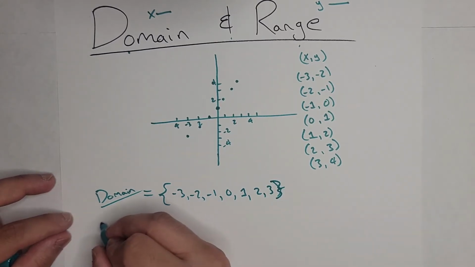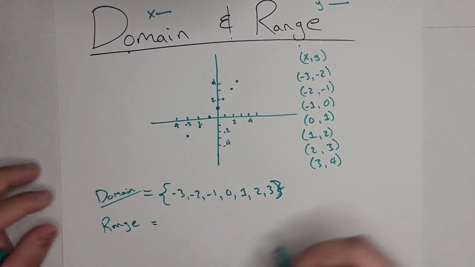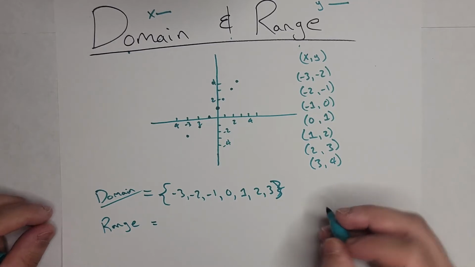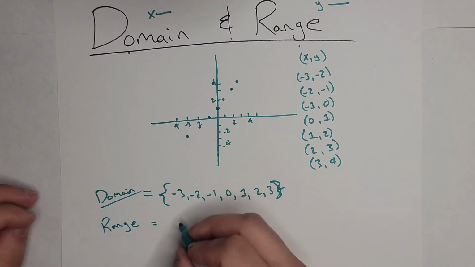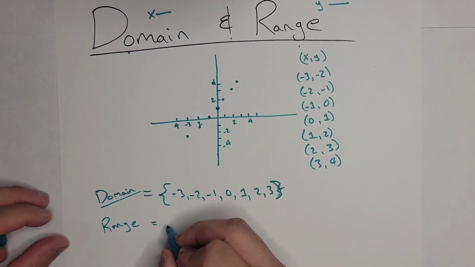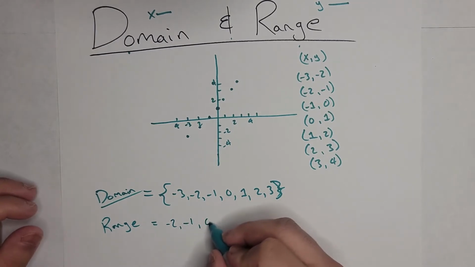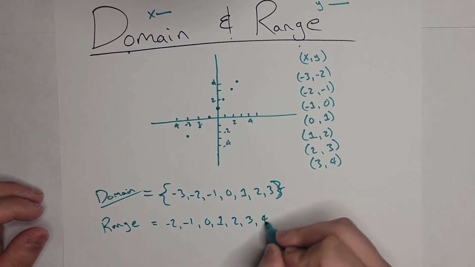And same with our range. So we can write -2, -1, 0, 1, 2, 3, 4.